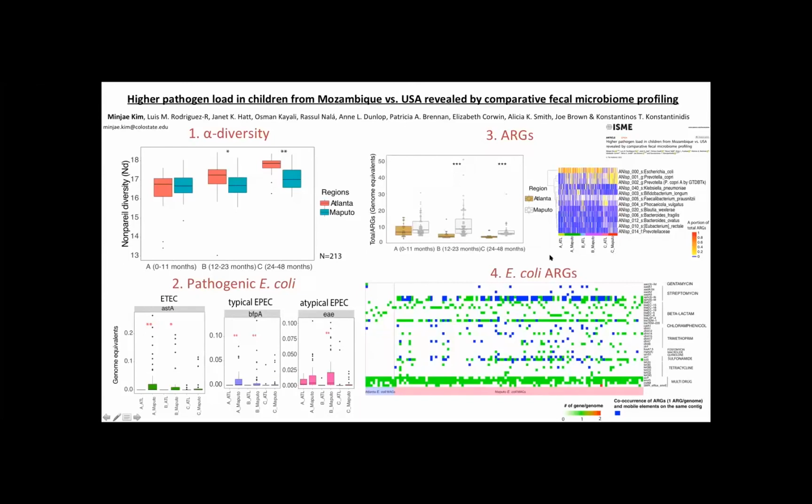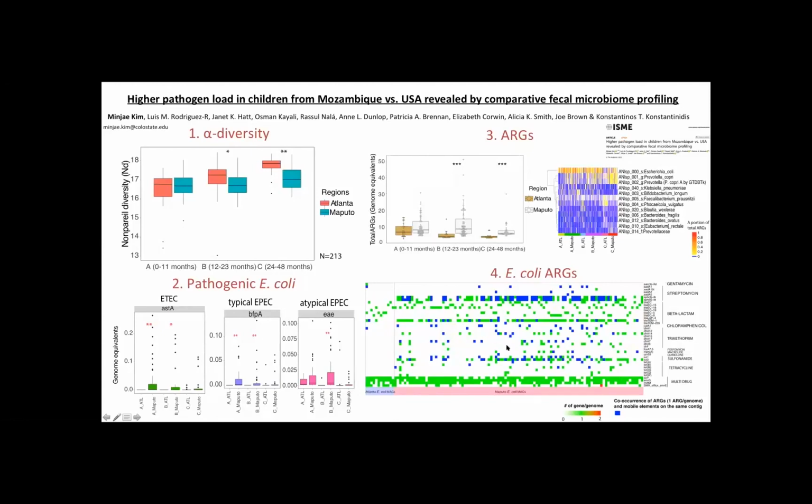So we deeply looked into the E. coli metagenome assembled genomes, and in the last heat map, the left panel indicates the Atlanta E. coli MAGs. The rows indicate each of the different antibiotic resistant genes, and columns indicate each of the E. coli MAGs. And the right panel indicates the Maputo E. coli MAGs.